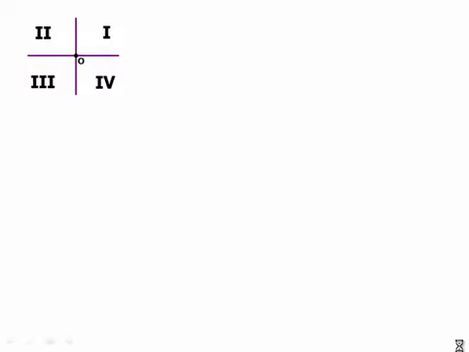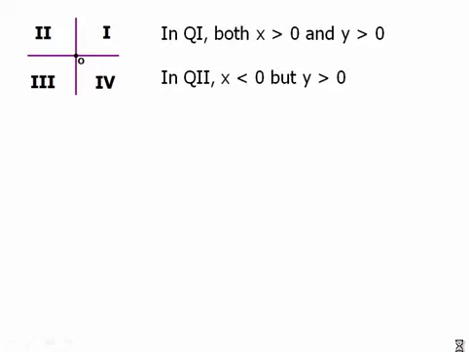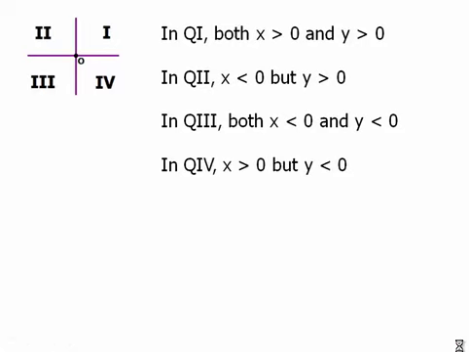So for example, in the first quadrant, both coordinates are positive. In the second quadrant, the x's are negative, but the y's are positive. In the third quadrant, both the coordinates are negative at that point. Everything is negative in the third quadrant. In the fourth quadrant, the x's are positive, but the y's are negative.